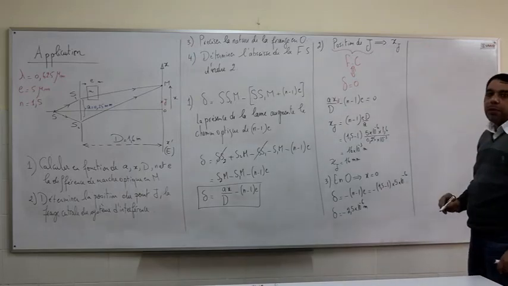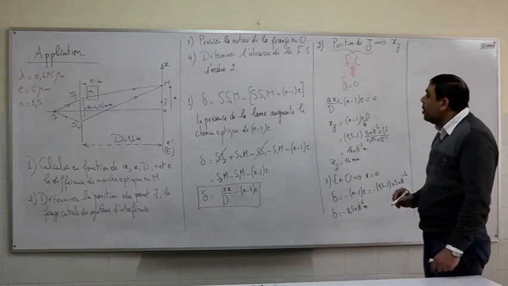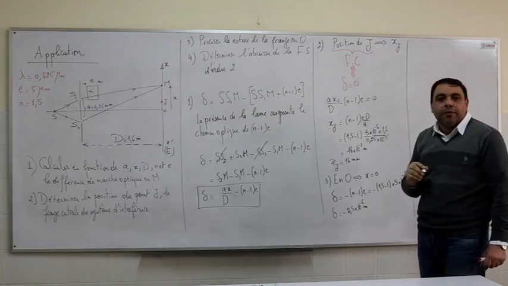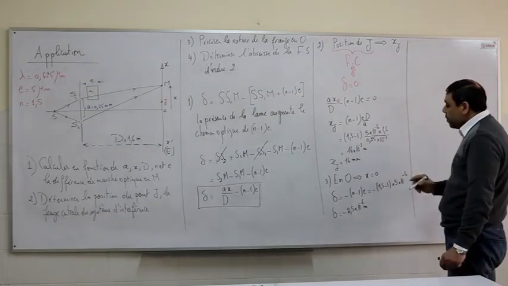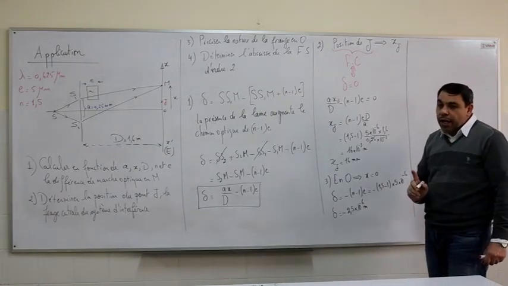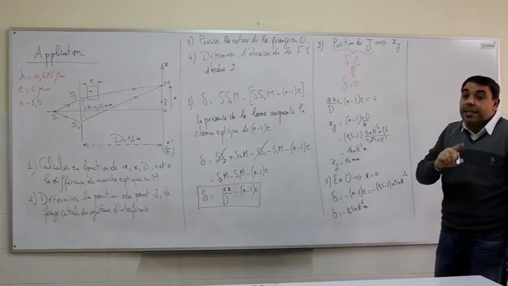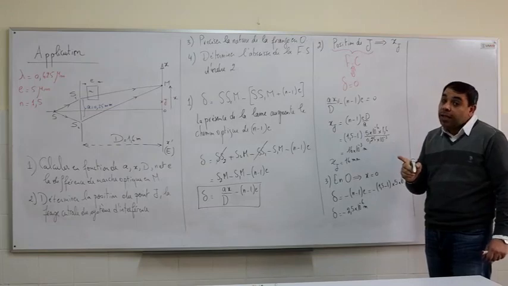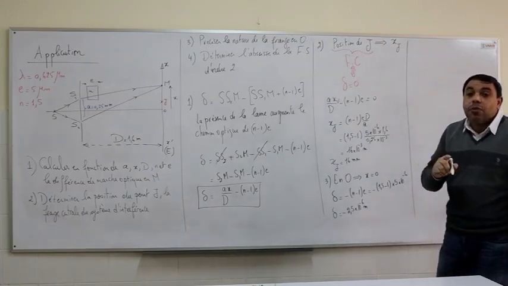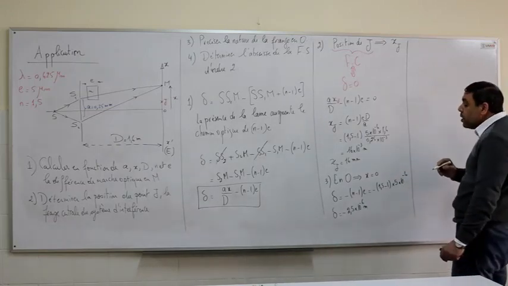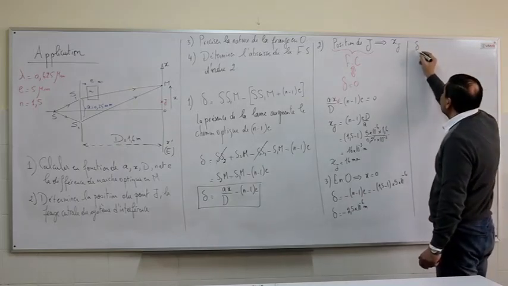The question requires to specify the nature of the fringe at O. If delta is a multiple of lambda, the fringe at O is a bright fringe. And if delta is an odd multiple of half lambda, the fringe at O is a dark fringe. So we divide delta by lambda.